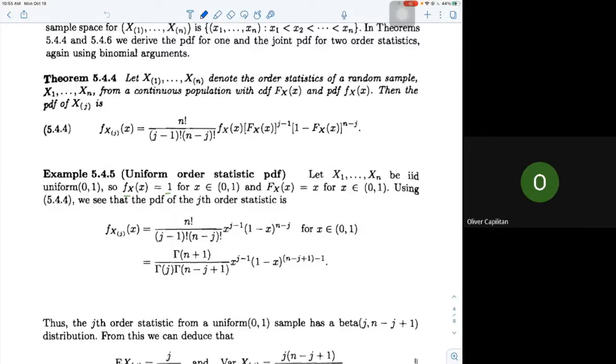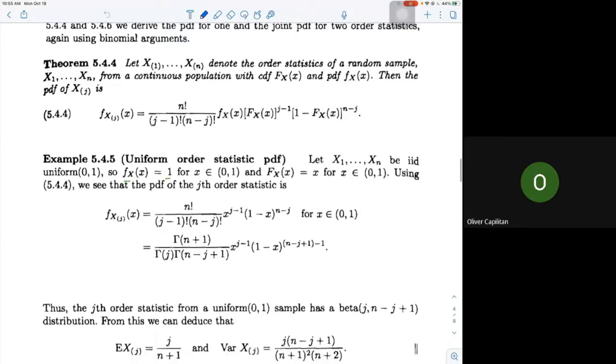So two only muna. Let X sub (1) up to X sub (n) denote the order statistics from our random sample with a continuous population with CDF, big F sub X of x, and PDF, small f sub X of x.